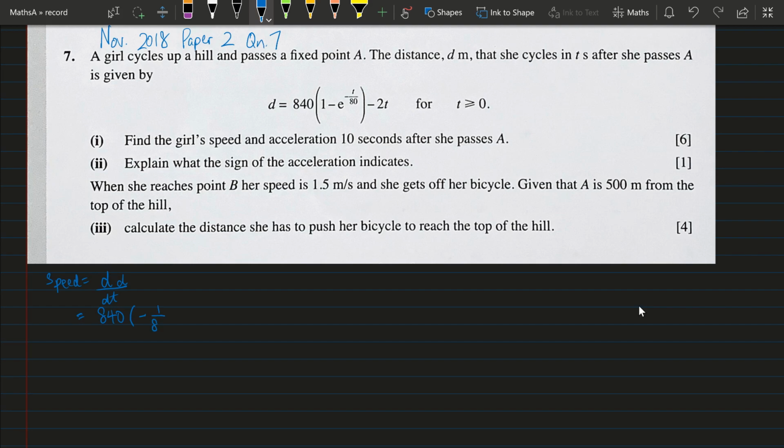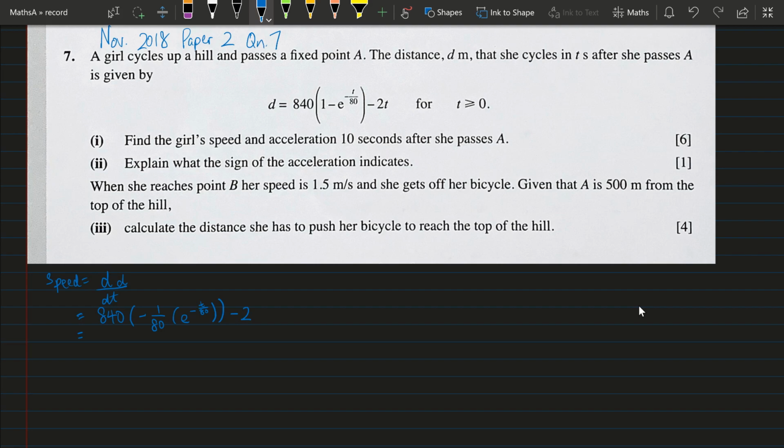Always remember, if you differentiate an exponential, you get back yourself first. Just write it down. You get back yourself, and then you need to multiply by the coefficient of t in the expression. Then I'm going to close this bracket, minus 2, because you differentiate 2t, you just get 2.